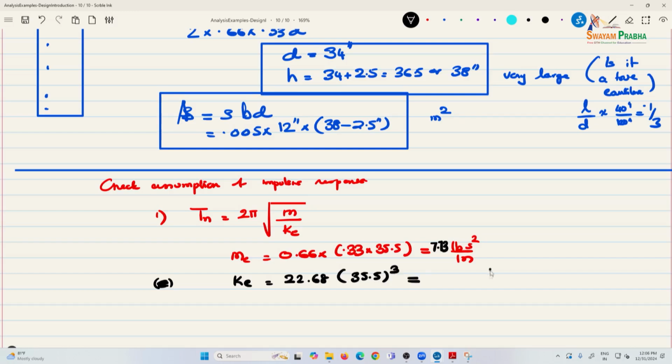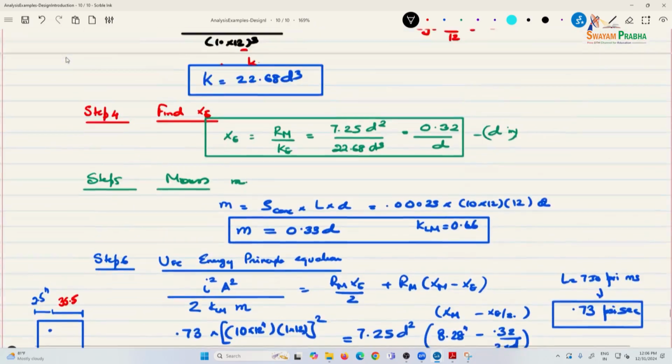And this would be, I think, in pounds per inch. Should be a large number, right? 1 into 10 power 6? Okay. So, hopefully, this is a reasonable number that we get. This is pounds or kips out here.